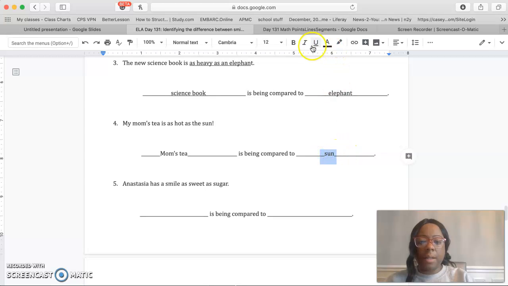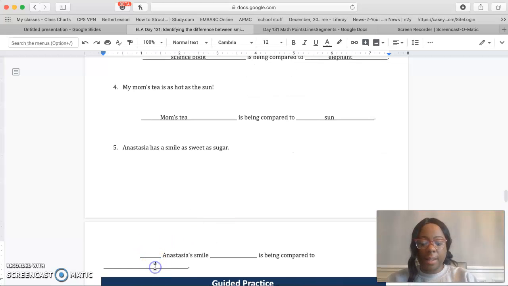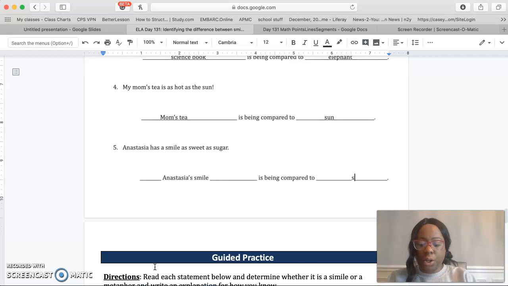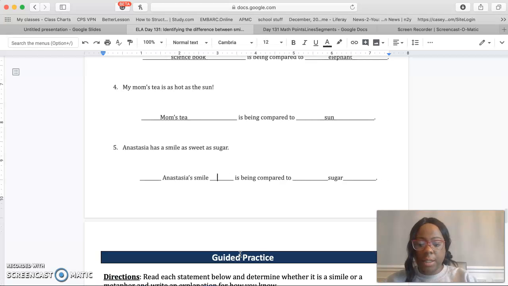All right, next we have Anastasia's. Anastasia has a smile as sweet as sugar. So we got Anastasia, but we're not comparing her per se. We're comparing her smile to that of sugar. And I'm gonna do a little adjusting so we can get it back. And now we can move on to the guided practice.